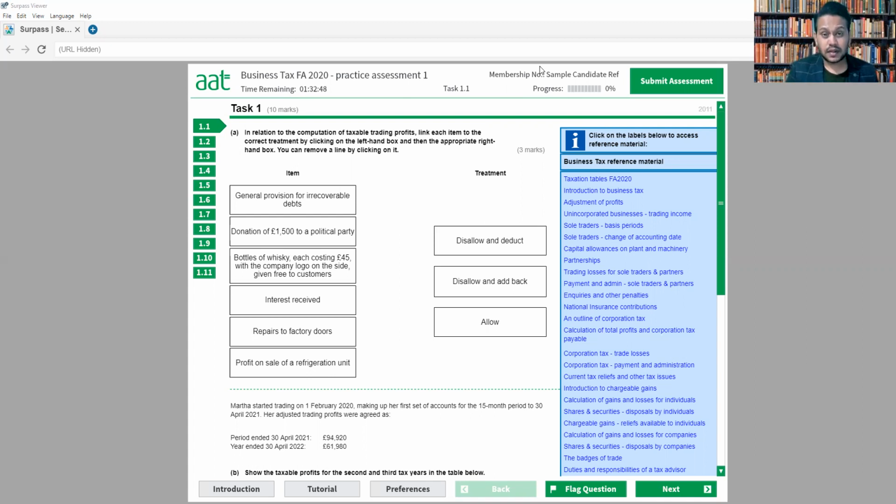So HMRC said, even though you have an accounting profit, you have to adjust it to find how much your trading profit is. Remember, the accounting profit is from that particular accounting period, and the trading profit is the profit that you make only from the trading, only from the business. The difference mainly comes from, for example, when you sell a fixed asset, the profit may go up because of that.